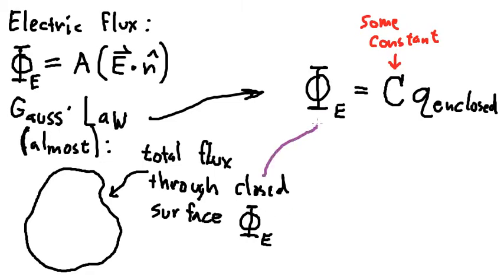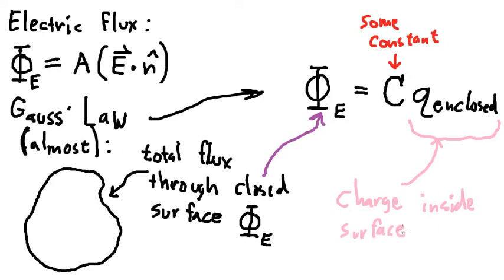C is some constant. Phi sub E is the total flux through the closed surface, and Q enclosed is, of course, the total charge inside.